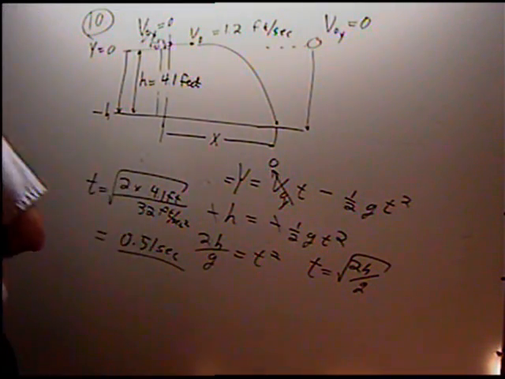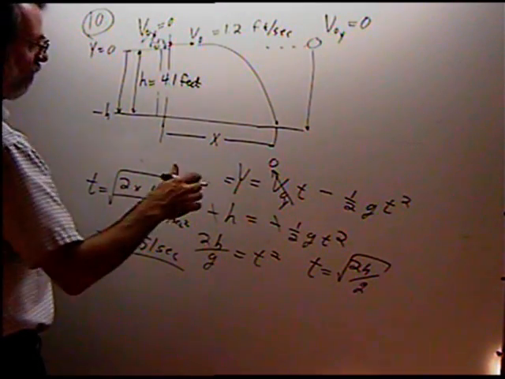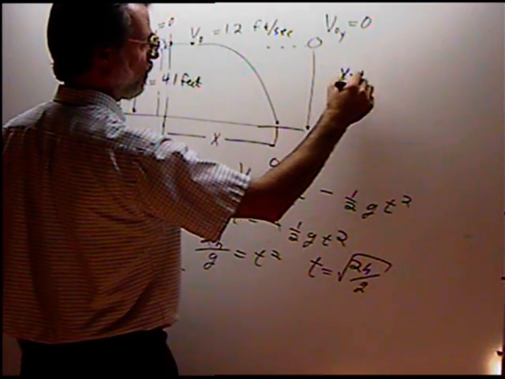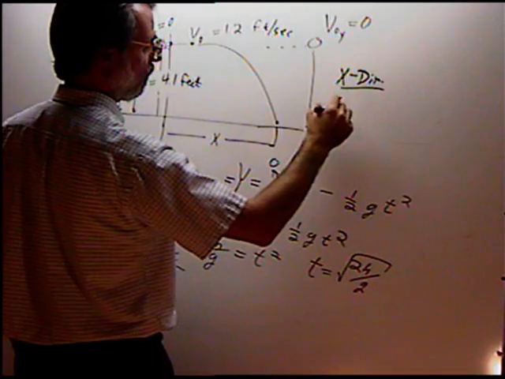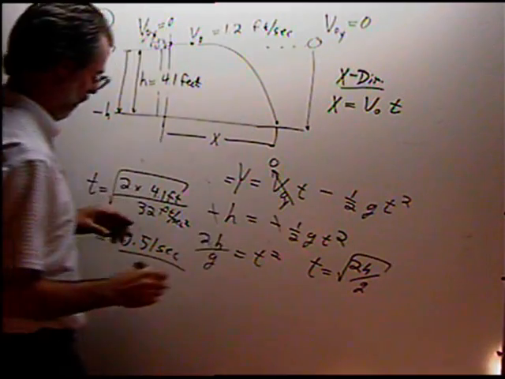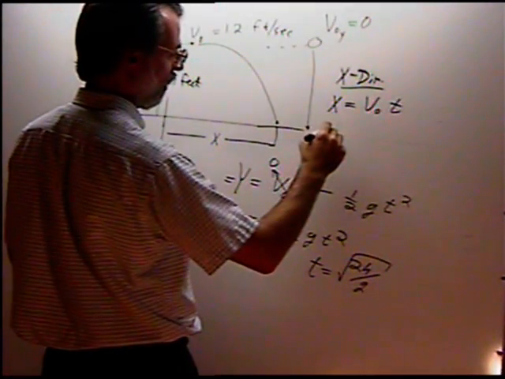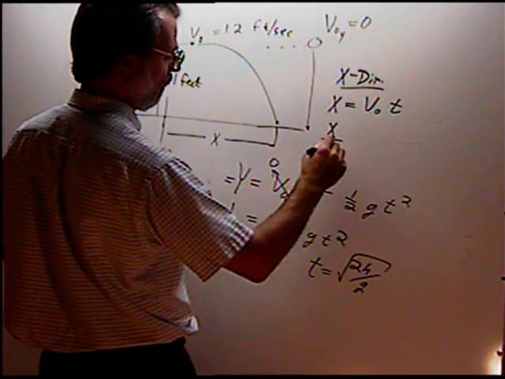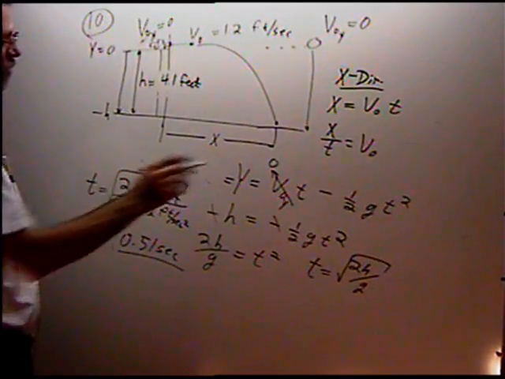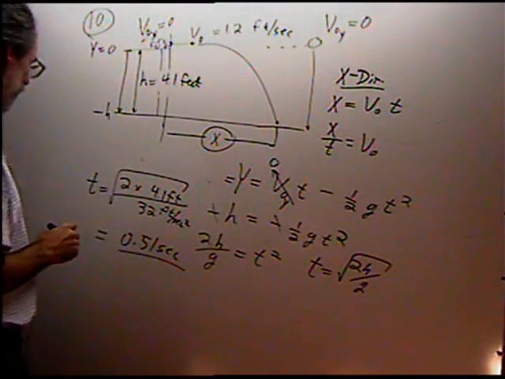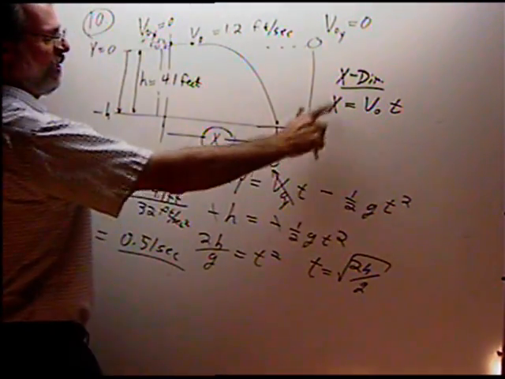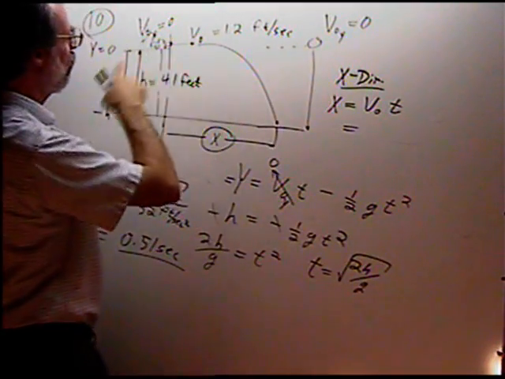Okay, 0.51 seconds. So therefore, in the horizontal dimension, in the x direction, we know that the distance traveled is the horizontal velocity times time. We know what the time is, so we plug in what the initial velocity is.